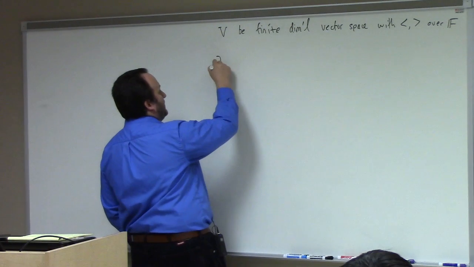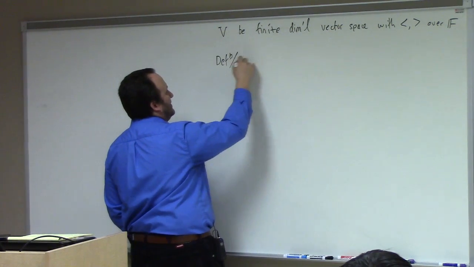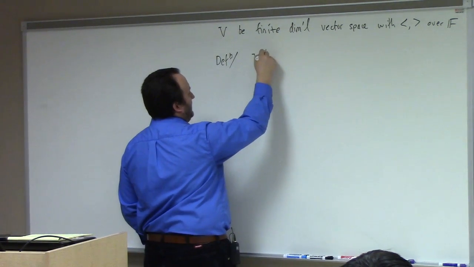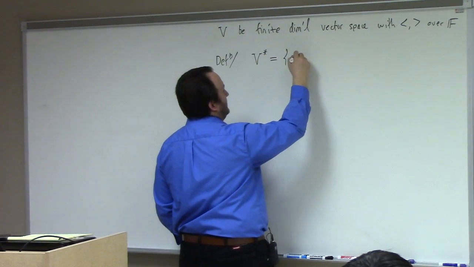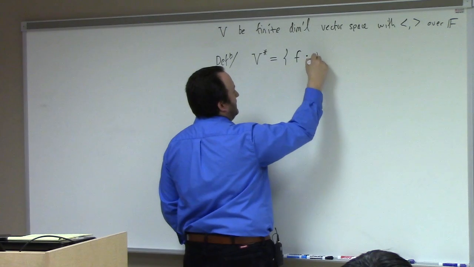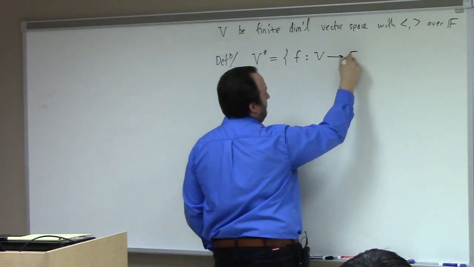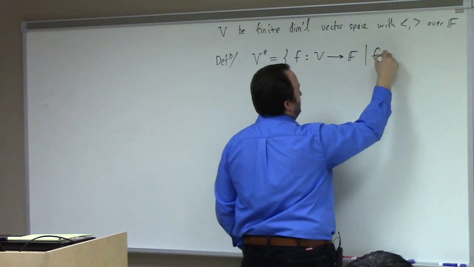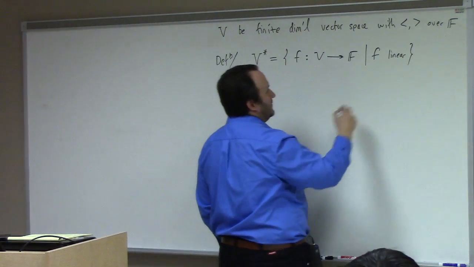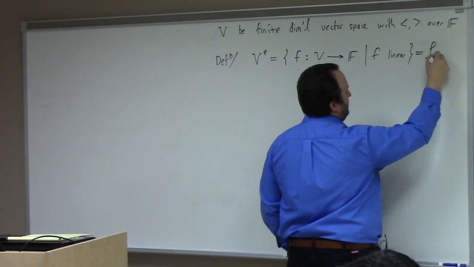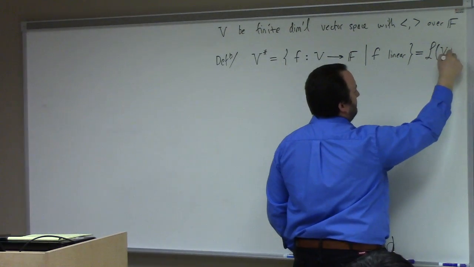So here's the definition. V with a star on it is called V dual. This is basically just the set of functions f from V to the field such that f is linear. In other words, V dual is really just the linear transformations from V to the field.